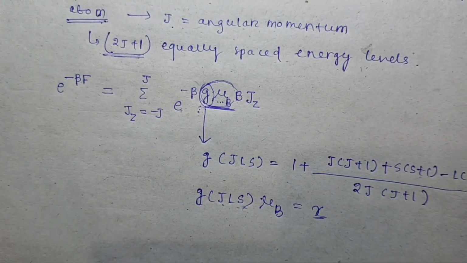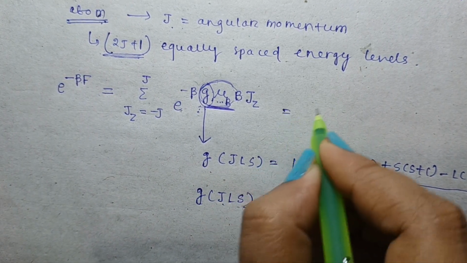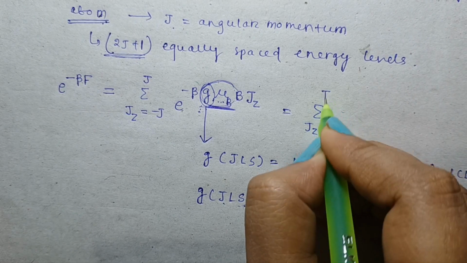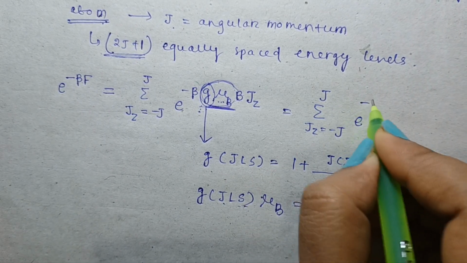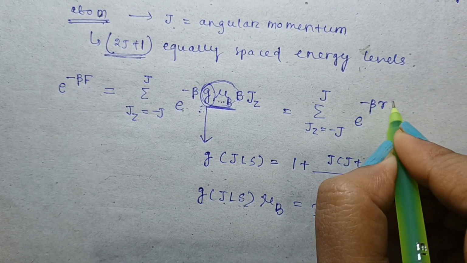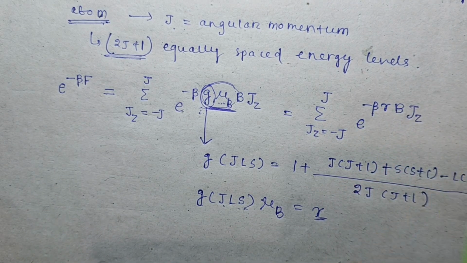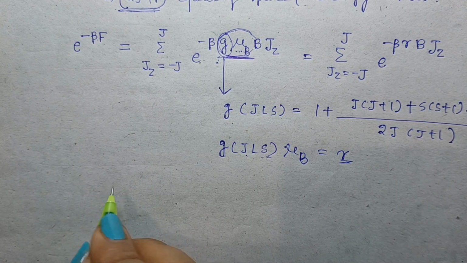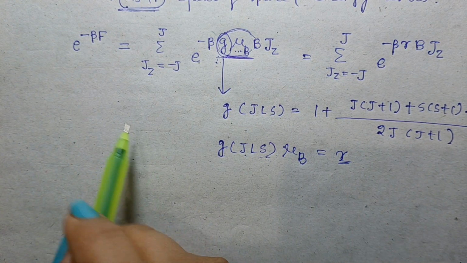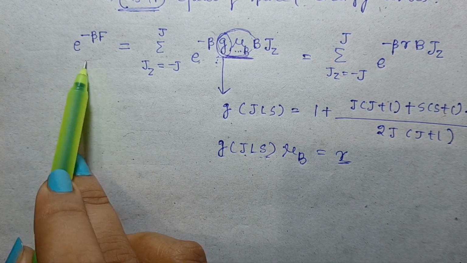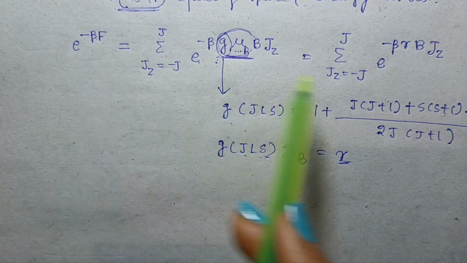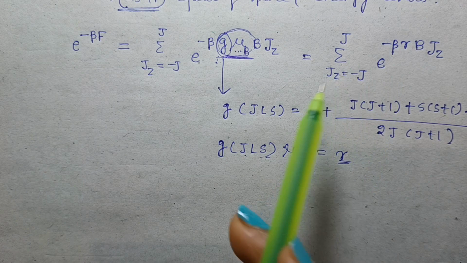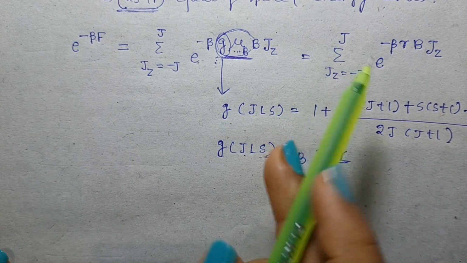So this equation now becomes the sum over Jz equals minus J to plus J of e to the power minus beta gamma B Jz. Fine. Now just expand this equation, e to the power minus beta F equal to this thing, from minus J to plus J.